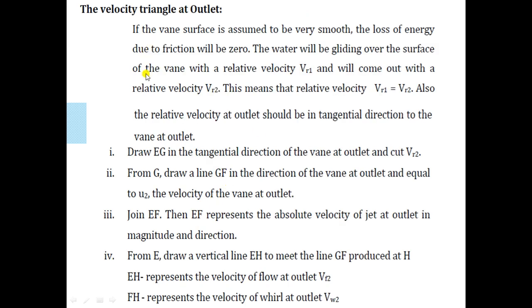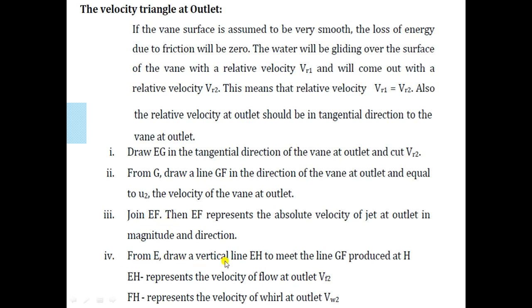The same thing has been mentioned here. So we need to draw EG in the tangential direction of the vane at outlet, both in magnitude as well as direction. From G, we need to draw GF in direction of the vane at outlet equal to U2, which is the velocity of the vane at outlet. EF represents the absolute velocity of jet at outlet, both in magnitude as well as direction.